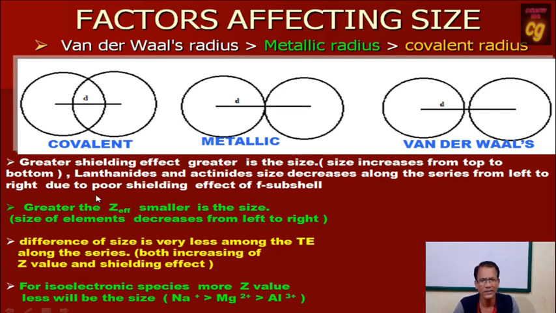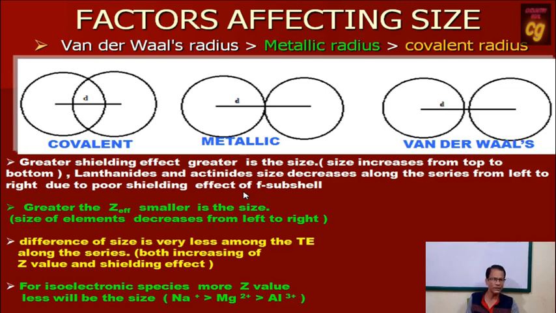That's why size increases. We know that for lanthanides and actinides, size decreases along the series. These two series are placed below the table, and their size generally decreases from left to right due to the poor shielding effect of the f subshell. In lanthanides and actinides, f subshells are already available.